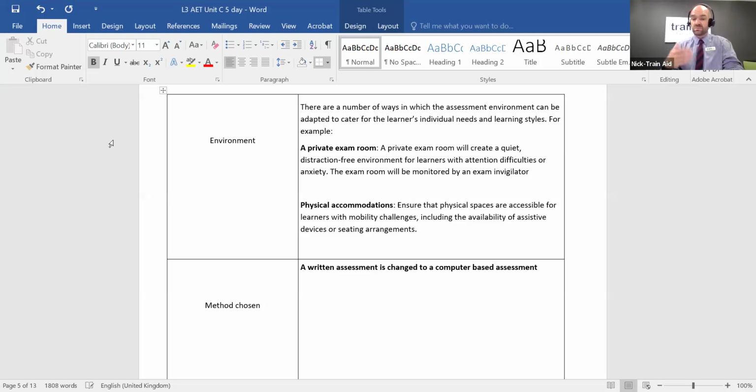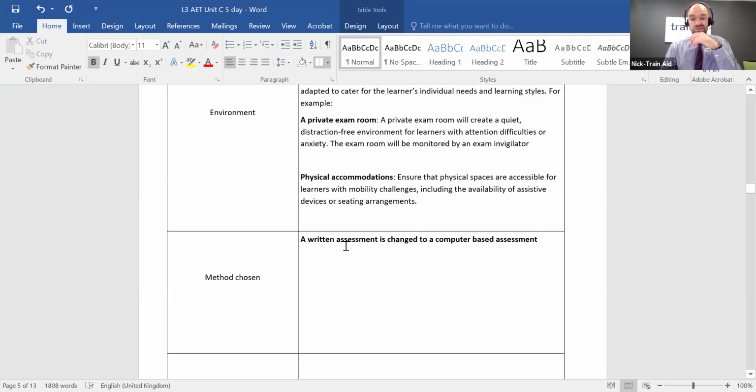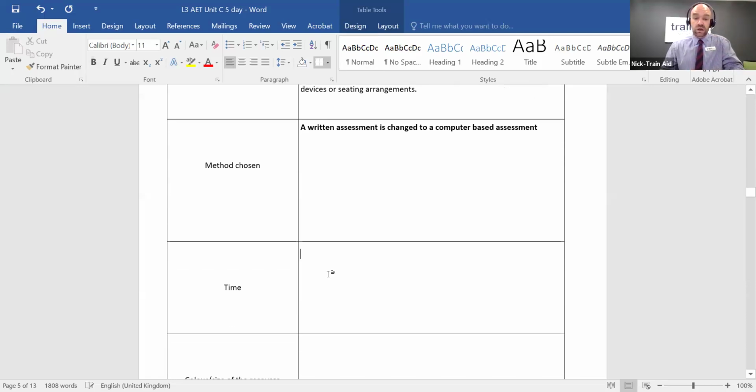So what I mean by that, as mentioned, if it was handwritten, we're adapting that to a computer-based assessment. So it's exactly the same question, but it's on a laptop or computer, or you could have a scribe as well. So once again, when completing that question, just describe the change there. So that's all about the methods. You're making a change there.